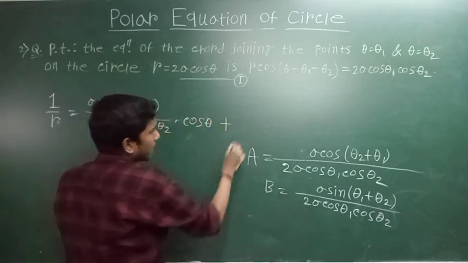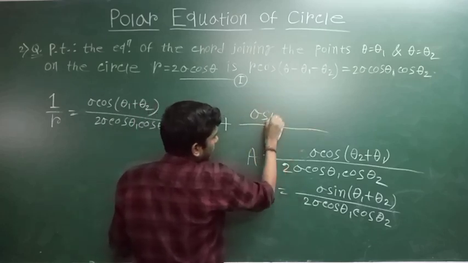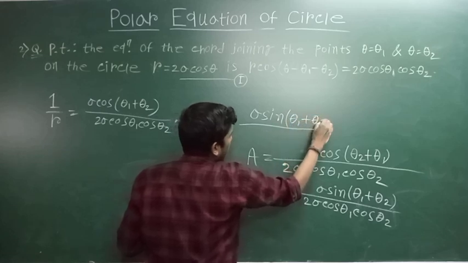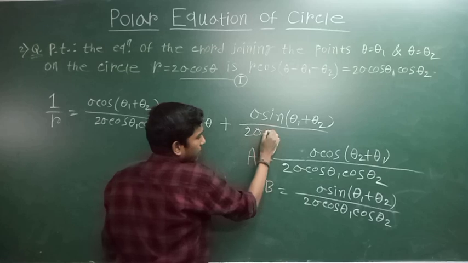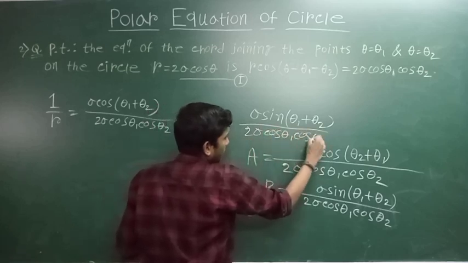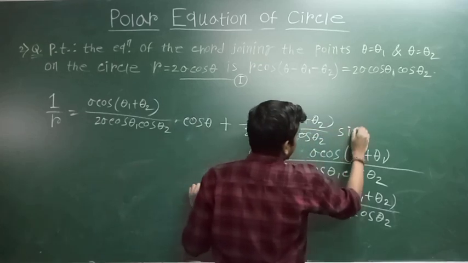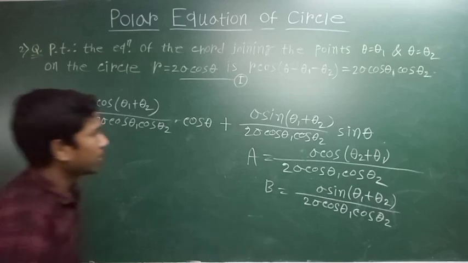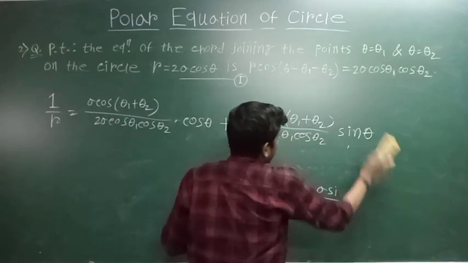In place of B, we will write a sin (theta 1 plus theta 2) divided by 2a cos theta 1 into cos theta 2, into sin theta. This is the equation of the chord. Now if you simplify this, you will get this.